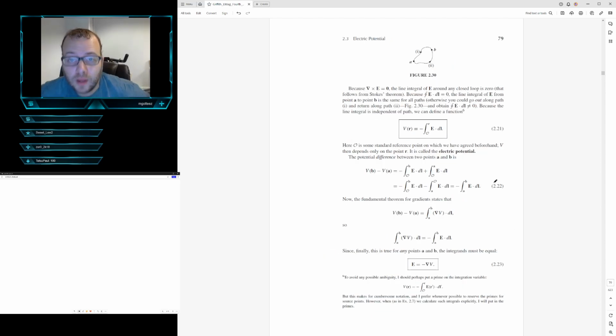So, because the curl is zero, there is no loop that you can make where the line integral will be non-zero. Any closed loop that you make, no matter what the path is, the line integral is going to be zero when you come back to the point.